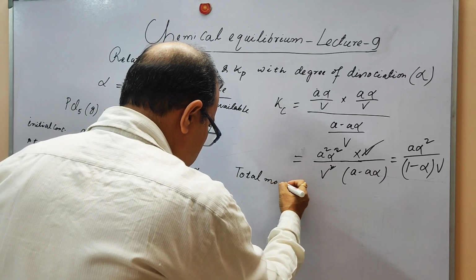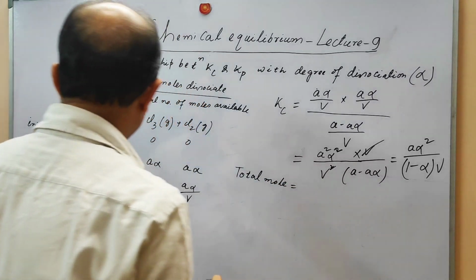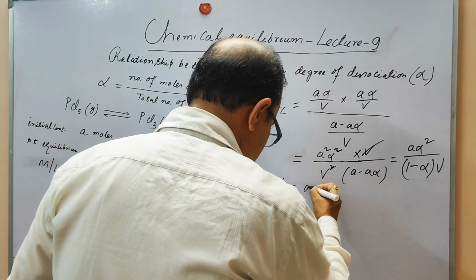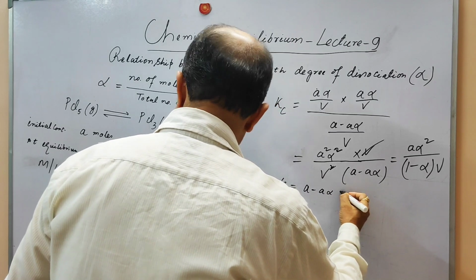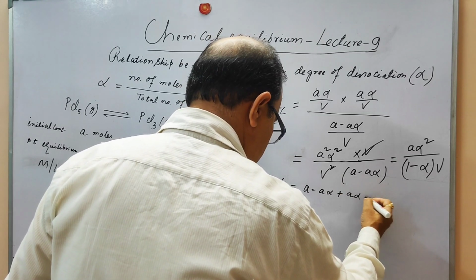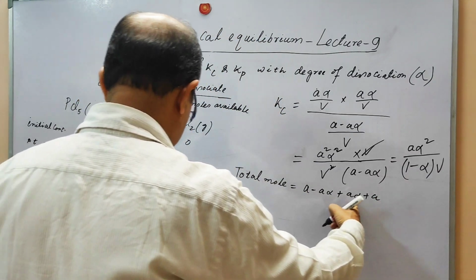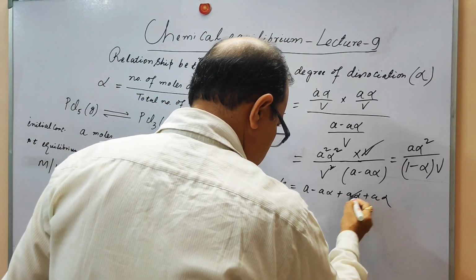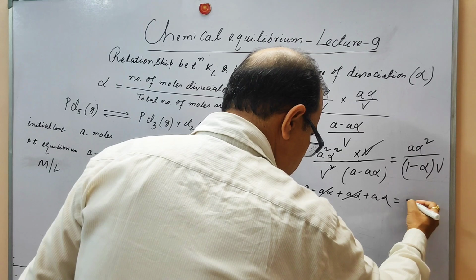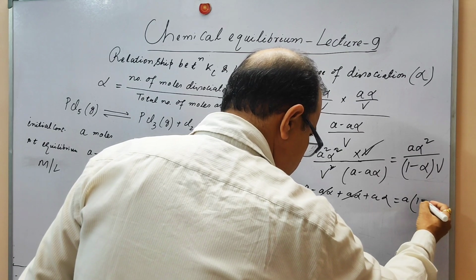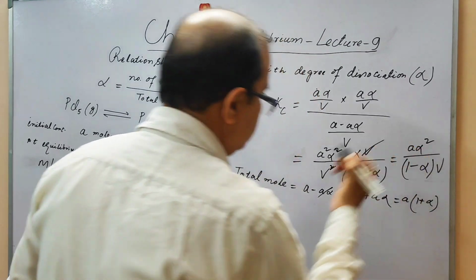Total moles, that is, A minus A alpha plus A alpha plus A alpha, so it will come around A into 1 plus alpha.